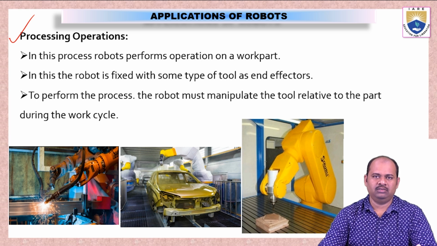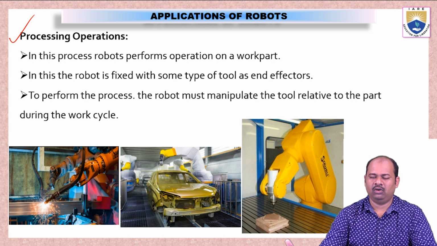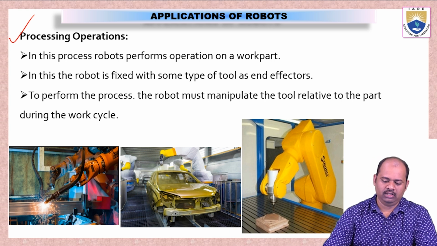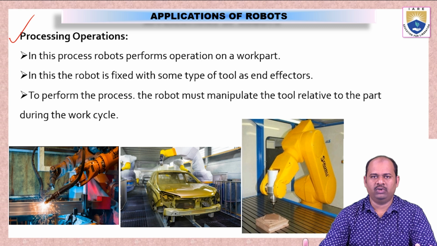After casting, we do other processes like forging, machining, welding and painting. All these operations can be done with the help of a robot. For doing these operations, a special end effector has to be attached to the robot for a particular operation. Different operations need different tools or different types of grippers.